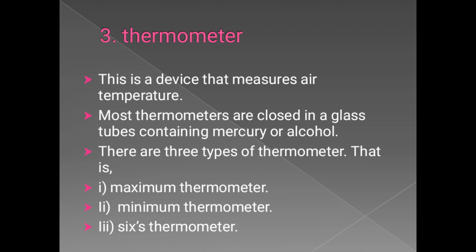I will take you through the thermometer. This is a device that measures air temperature. Most thermometers are enclosed in glass tubes containing mercury or alcohol. There are 3 types of thermometer: the maximum thermometer, the minimum thermometer, and the Six's thermometer.